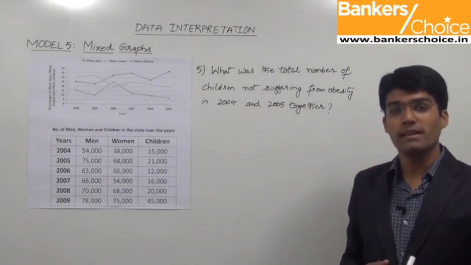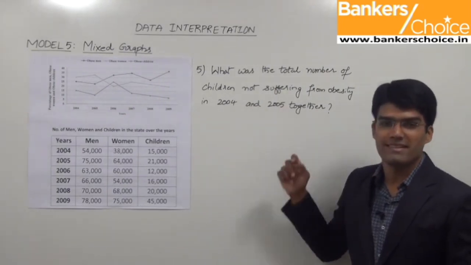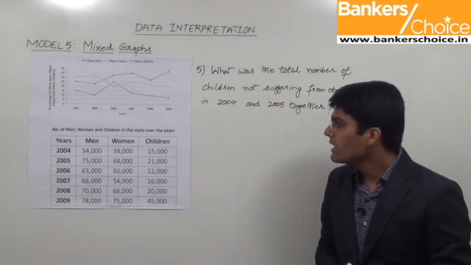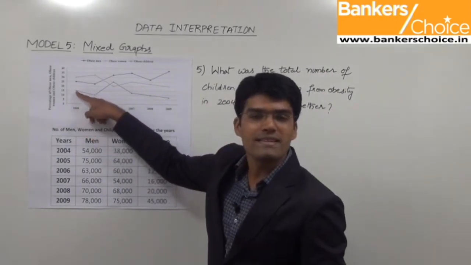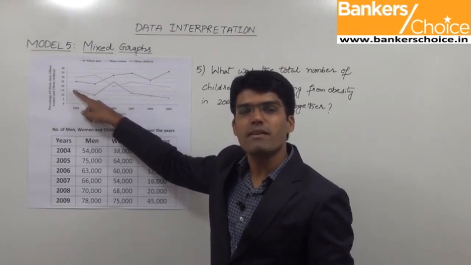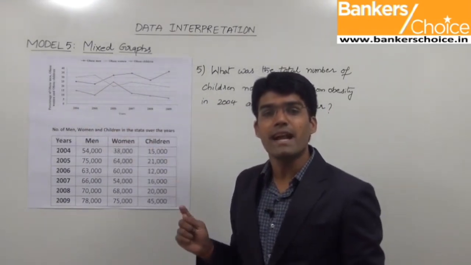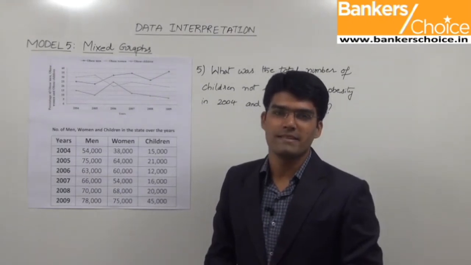So here we need to find out the number of children who were not suffering from obesity in the given years, 2004 and 2005. Now from the graph we know that in the year 2004, 15% of the children were affected by obesity. Now if 15% were affected by obesity, it is very clear that the remaining 85% of the children were not suffering from obesity.